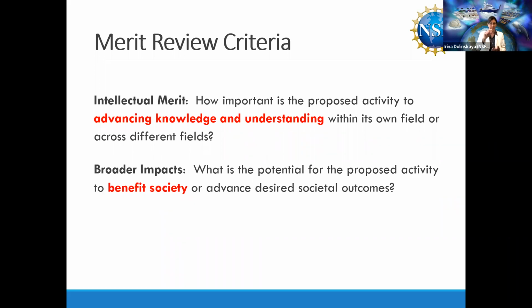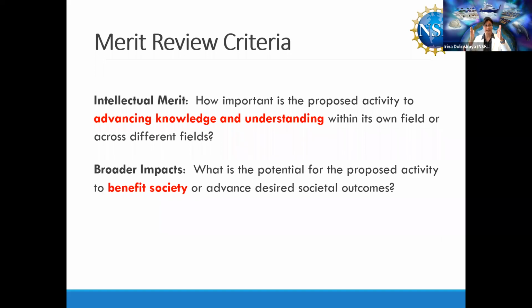I'll dive into them more in depth on the next slide. But one more thing I want to say: additional solicitations. NNA is something called a solicitation within NSF. What that means is that a solicitation has additional requirements, an additional focus. They might have additional restrictions on who can apply and what topics they're looking for.